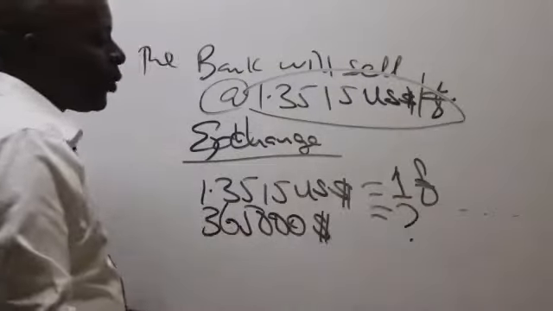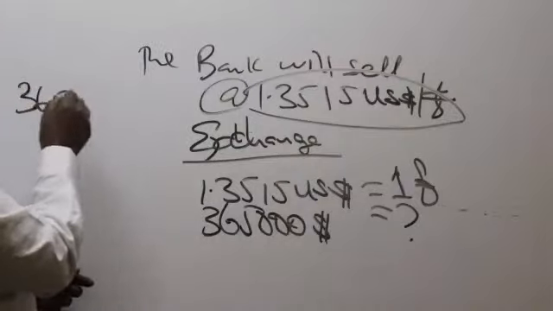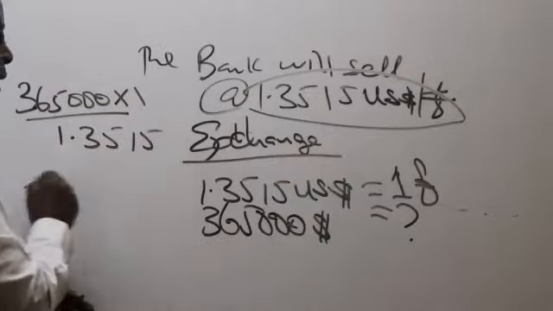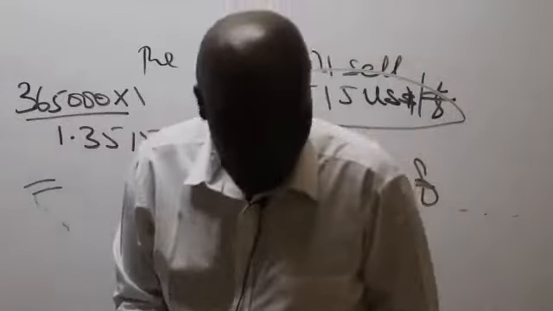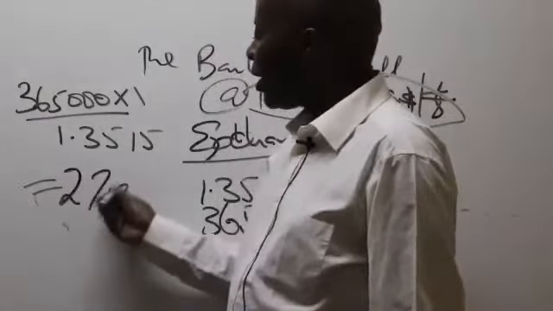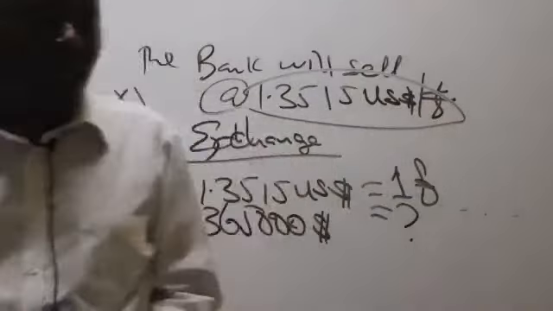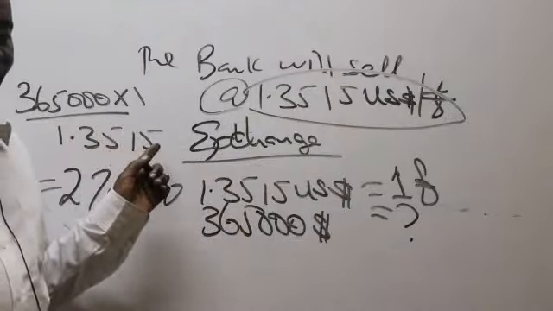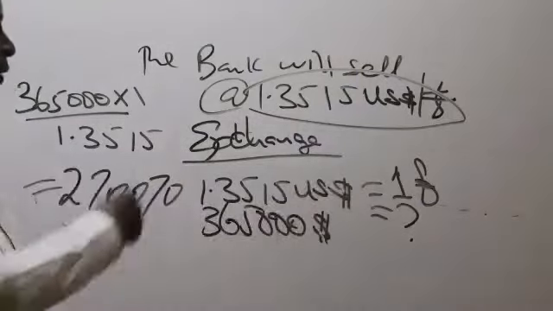So when you cross multiply, you will end up having 365,000 times 1 over 1.3515, which will end up giving us what figure? 270,070. The only thing you guys are not so good at is telling me whether these are donkeys. They are pounds, yes, because dollar will cancel out, leaving me with what here?